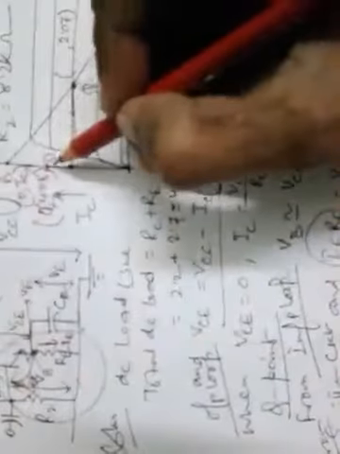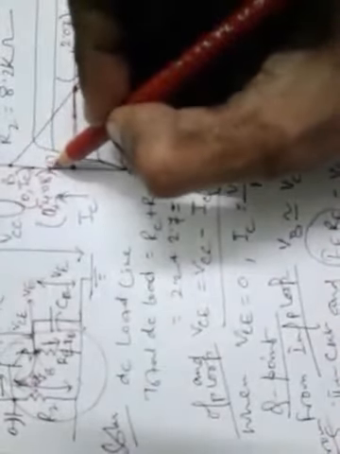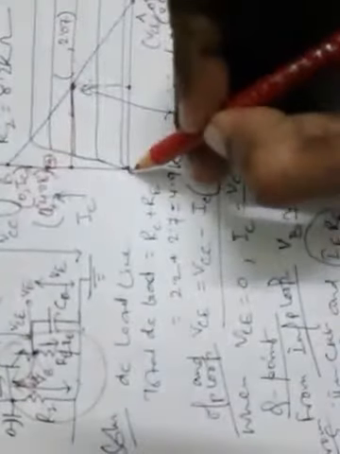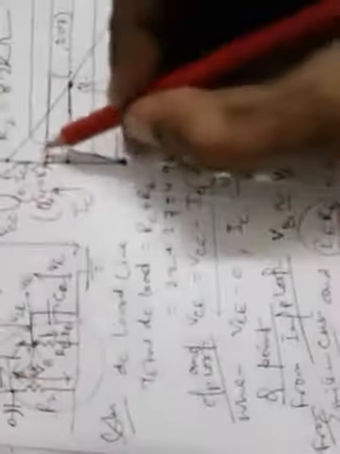So now draw again a horizontal line parallel to this voltage axis, like this. Okay, and so this horizontal line parallel to this x axis or voltage axis will cut the IB3 characteristic curve somewhere around here.